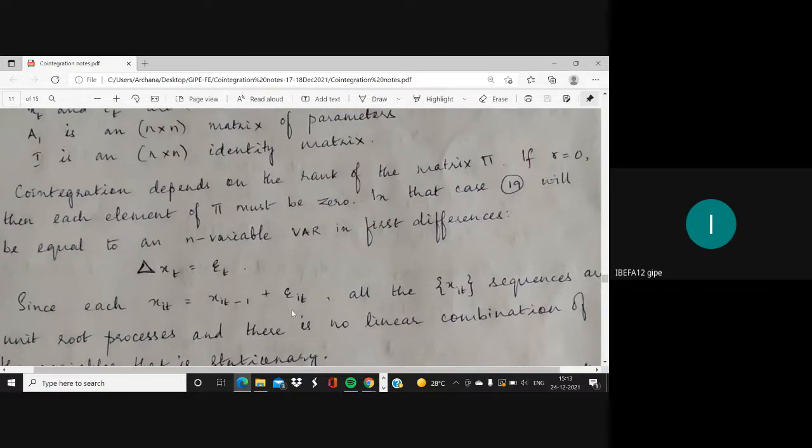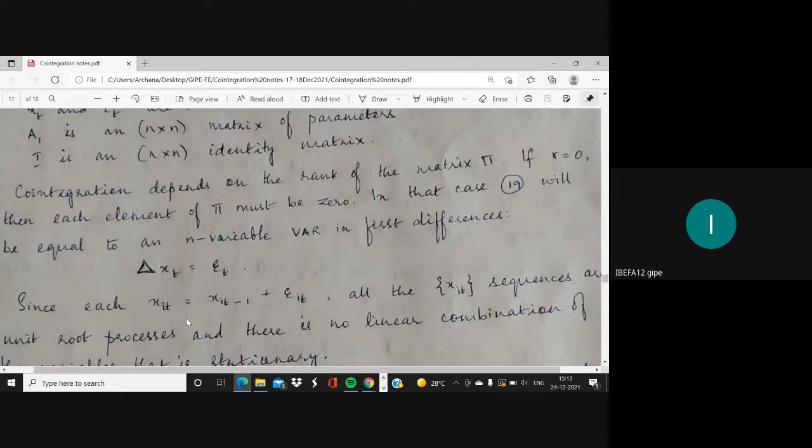If you look at this equation now, each equation that you write for your VAR model will have this form. So all the x_it sequences are unit root processes. The reason is that the coefficient attached to the first lag is equal to 1. There's no coefficient written, not a1 or alpha 1, because we already know the coefficient value is 1, so we need not write it.